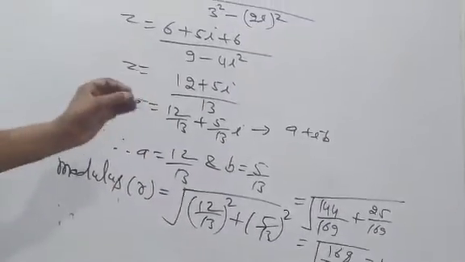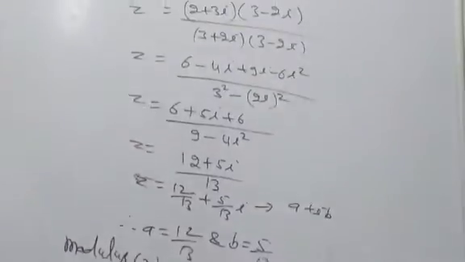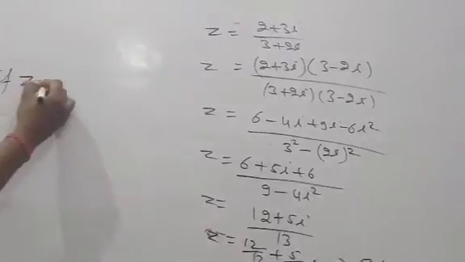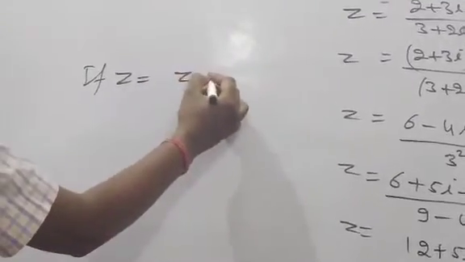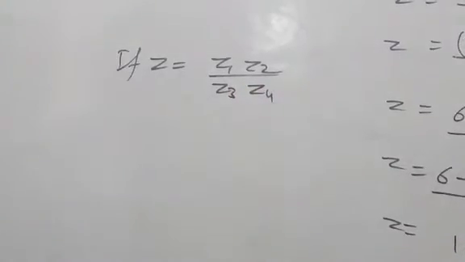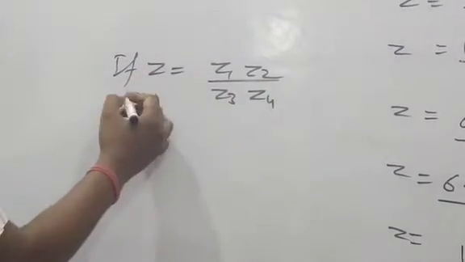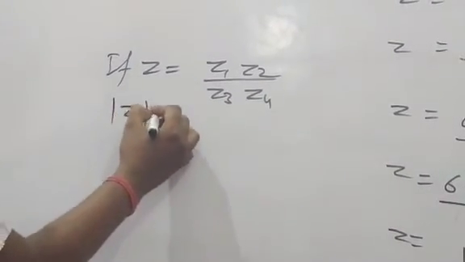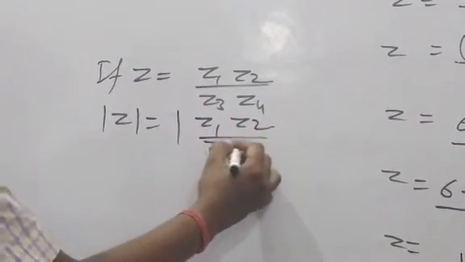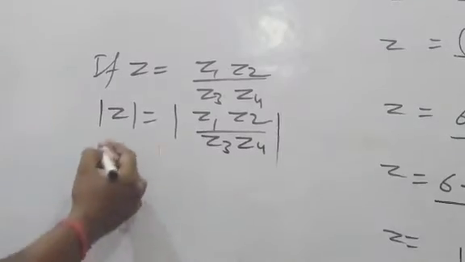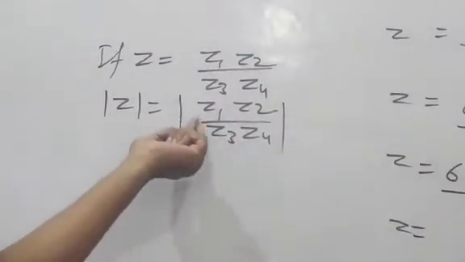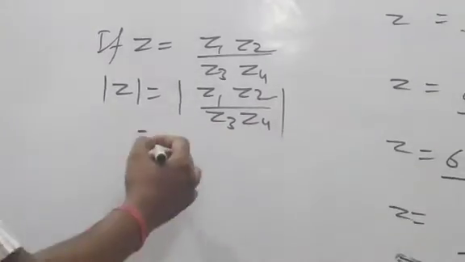Now we have the property of modulus also. Property means, if z is equal to z1 z2 upon z3 z4, then modulus, this is the symbol here, mod of z1 z2 upon z3 z4, whole mod of z1 z2 upon z3 z4.